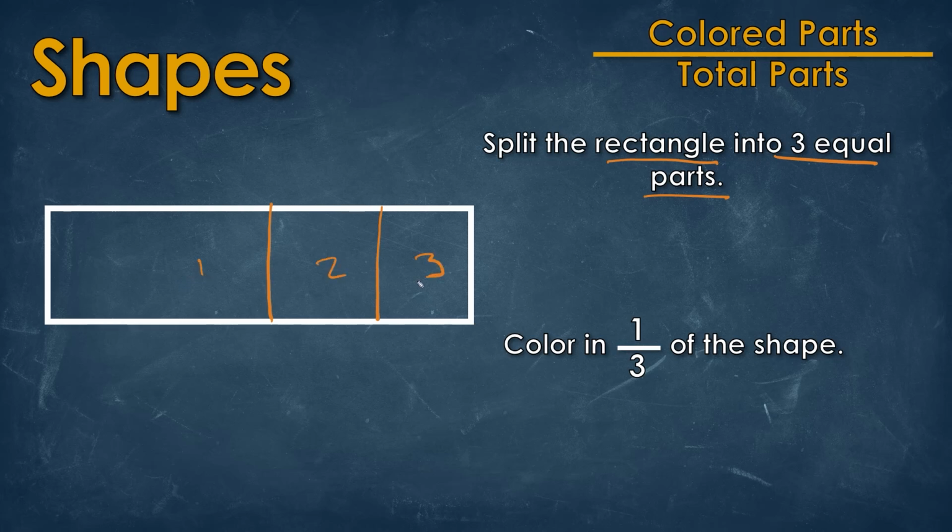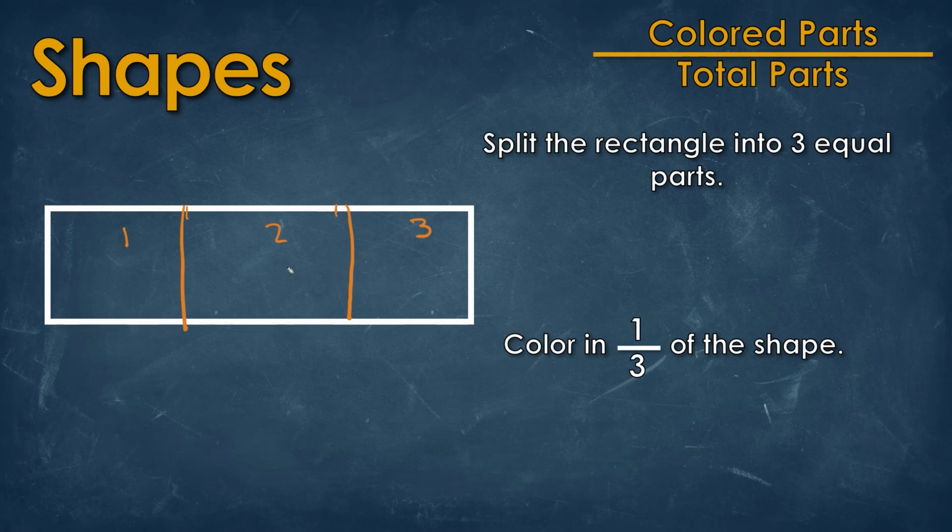So how do we get that to be equal? Well, a way I always think of it is if I'm going to divide it into thirds, I need to make an imaginary line kind of here, and that looks like it's pretty equal. So here and here. That looks like I have 1, 2, 3 equal parts. It's a little off, but that's okay. As long as we're making a judgment call to be as perfect as we can, we're good.